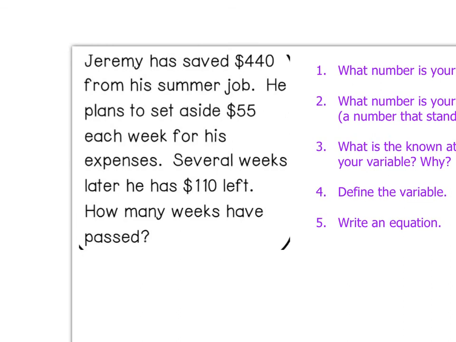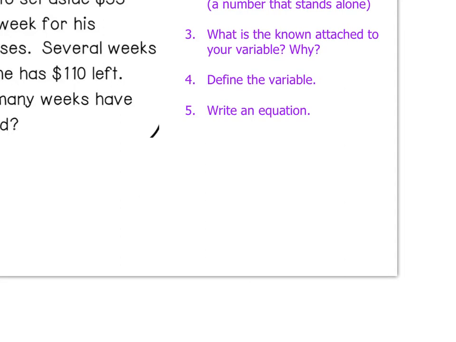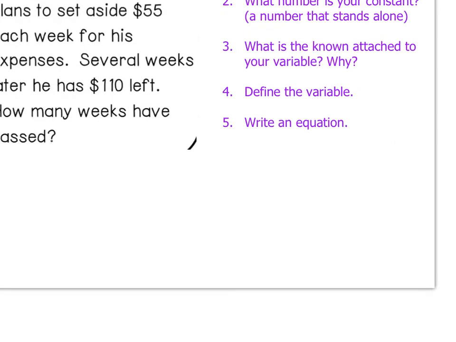So you look through the problem and try to figure out what would be your total. The total would be 440. That's what he saved from his summer job. We're going to go ahead and write that down here on the bottom right.